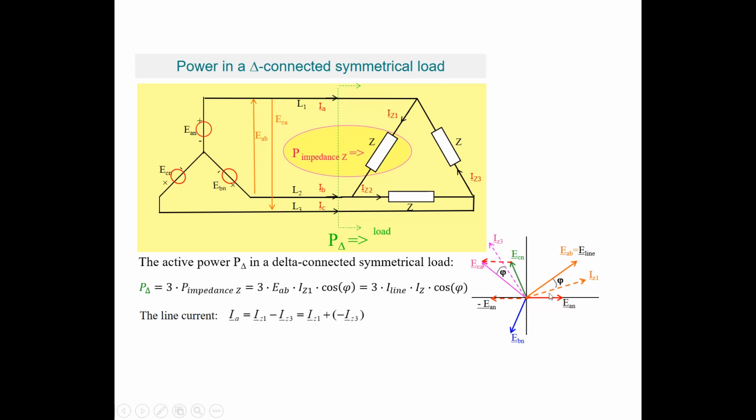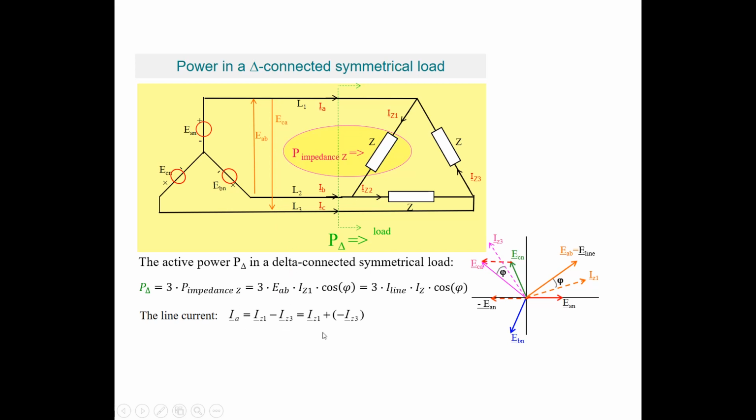What we also see is that we have defined the currents through the impedances Z, and the current IZ1 lags, of course, the voltage EAB because it's a resistive inductive load. So there is a phase angle phi between the line voltage EAB, this voltage, and the current through this impedance IZ1. That is also the case for the current IZ3, this current, which lags the line voltage ECA, which is this voltage minus that voltage.